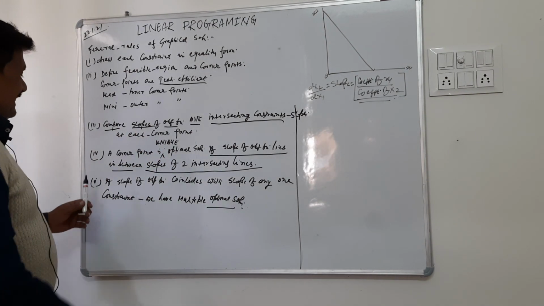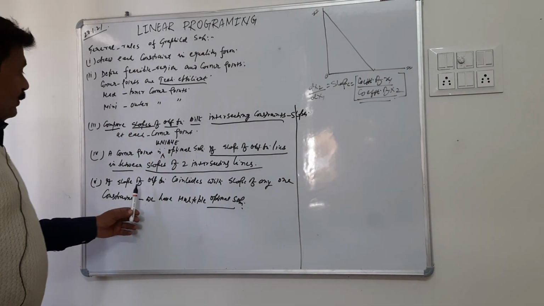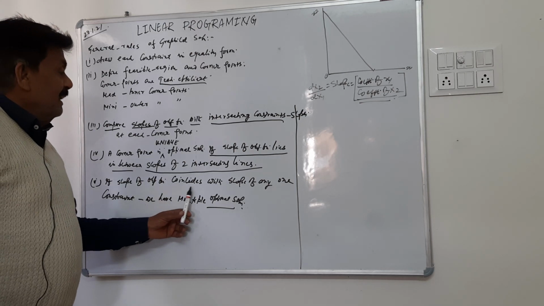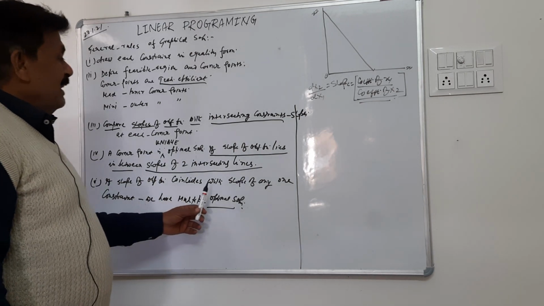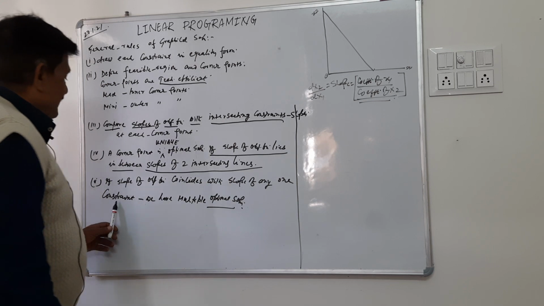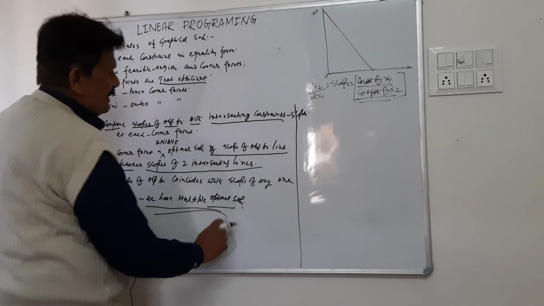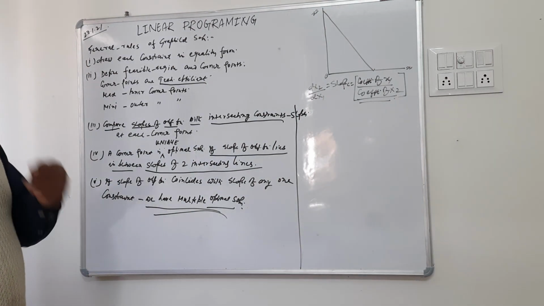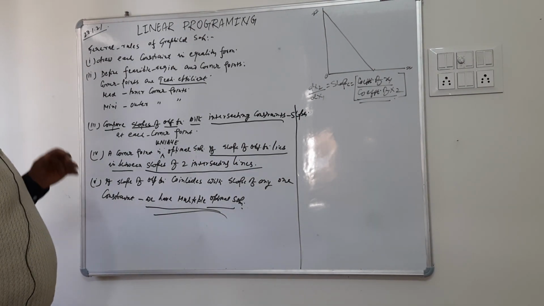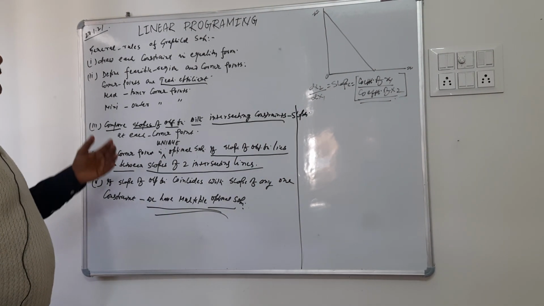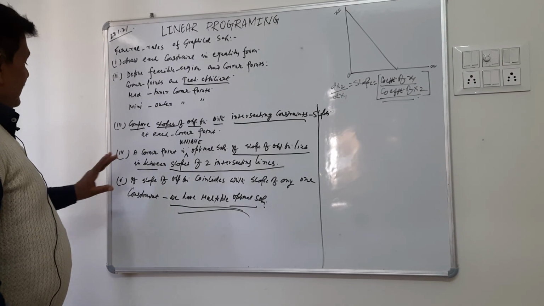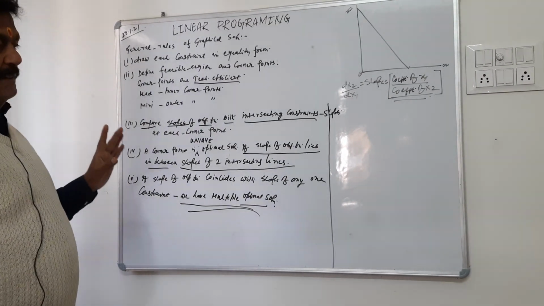Then we shall have multiple optimal solutions instead of a unique optimal solution. So when we go to obtain the graphical solution, these 5 points have to be kept in mind.